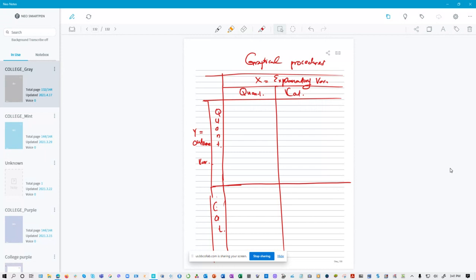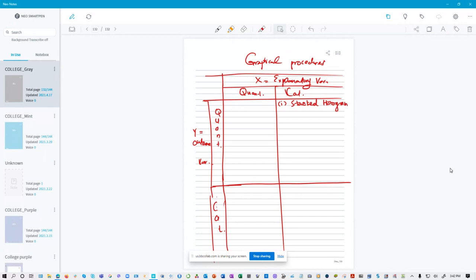Under that, when the Y outcome is quantitative and the explanatory variable is categorical, we drew something called what? Not the histogram. We did the stack histogram. First one, stack histogram. Can you remember?